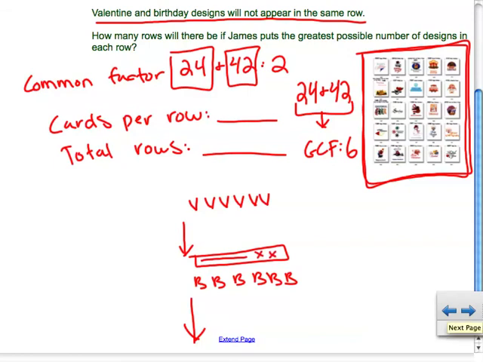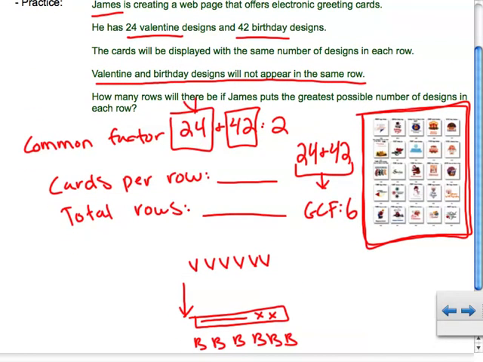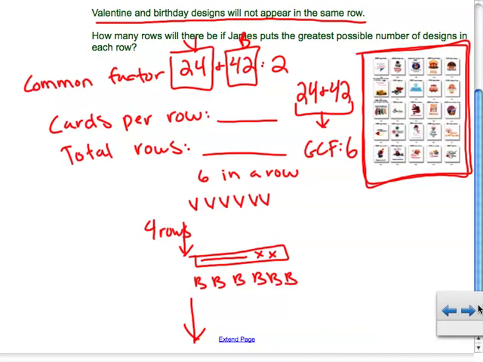Well, let's see. How much of each do I have? I have 24 Valentine and I have 42 birthday. So my Valentines are going to be 4 total rows, because 4 times 6 makes 24. And then with my birthday, I would have 7 rows, because 7 times 6 makes 42.